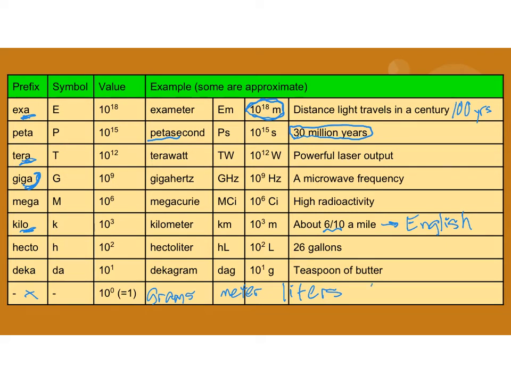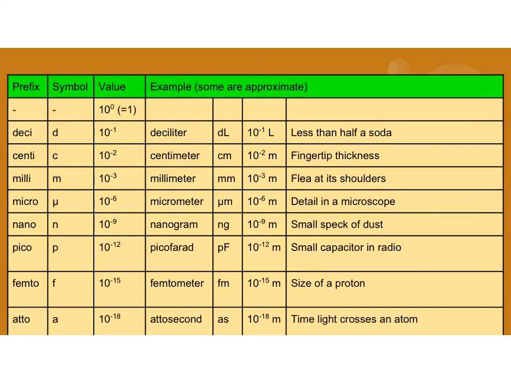All of those fall into the 0 order of magnitude. Now, if we go down the chart, so up here is our grams, liters, and meters. And now we're going down order of magnitude.